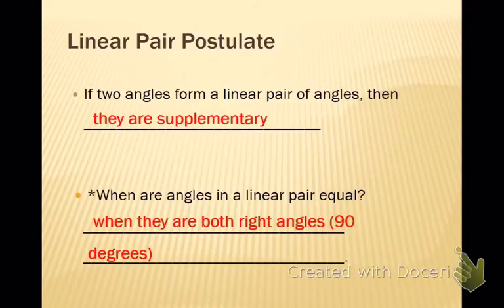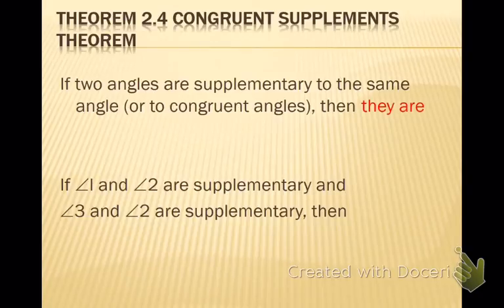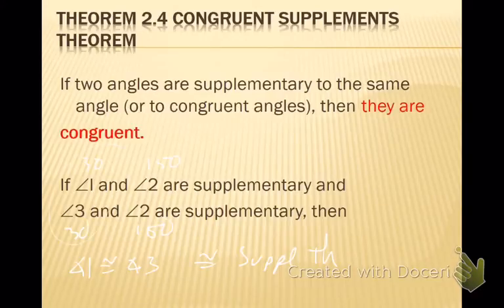Okay? All right. This next theorem is called the congruent supplements theorem, and there's a congruent complements theorem. But it basically says that if two angles are supplements to the same angle, then they have to be congruent.